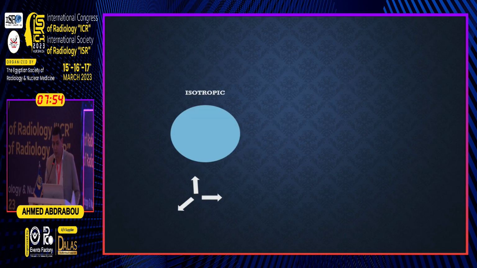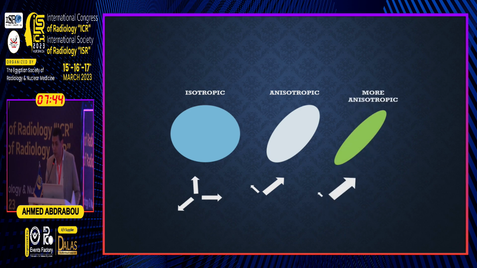So we have now a circle which represents the isotropic type of diffusion, and an oval-shaped anisotropic type of diffusion, and the narrower this oval shape, we have more and more anisotropy, and this is actually what's happening inside the nerve fibers.